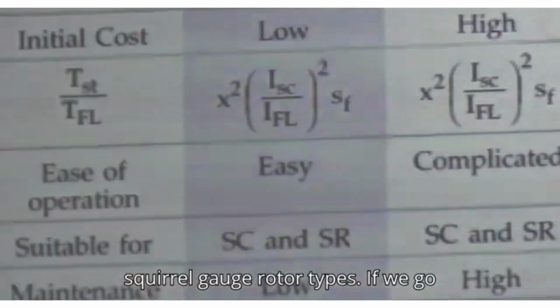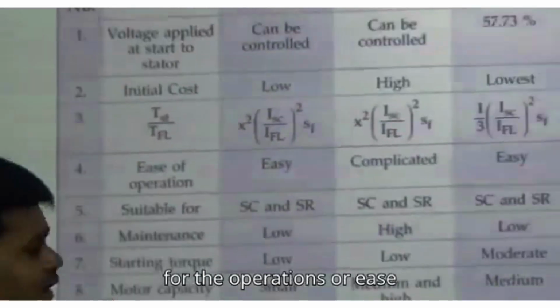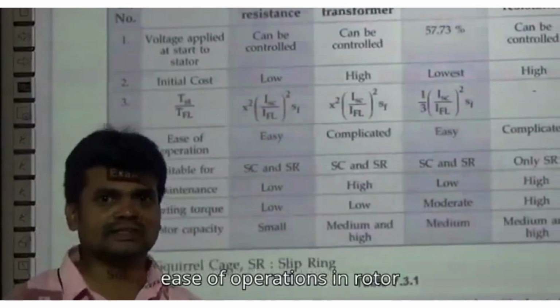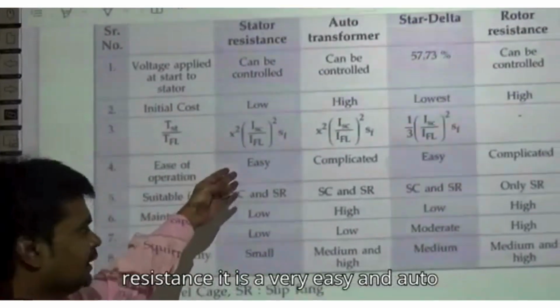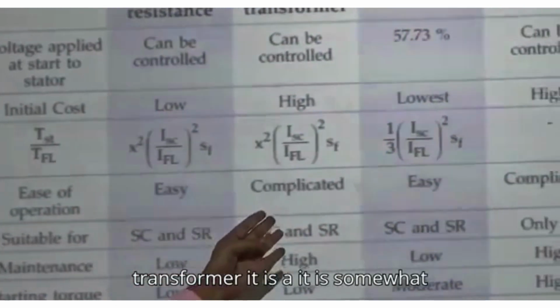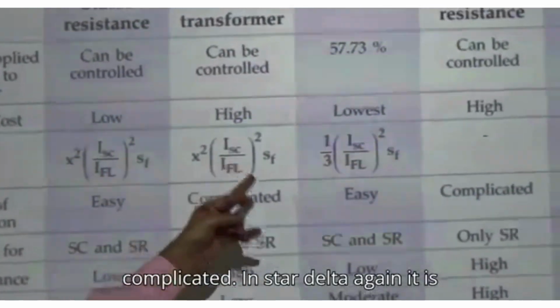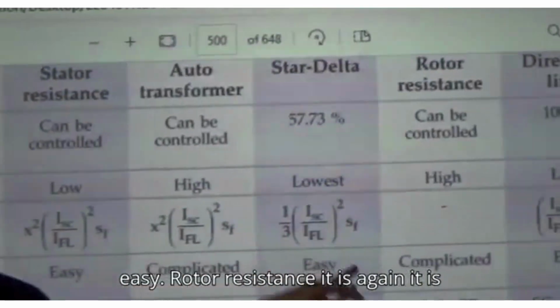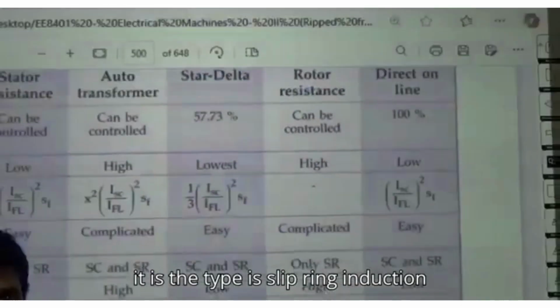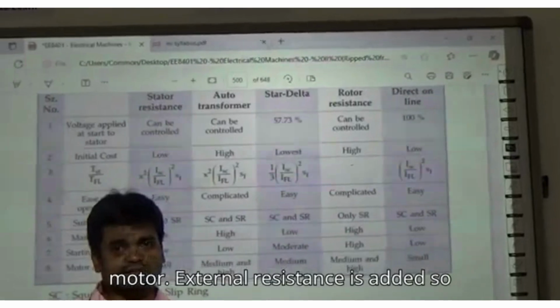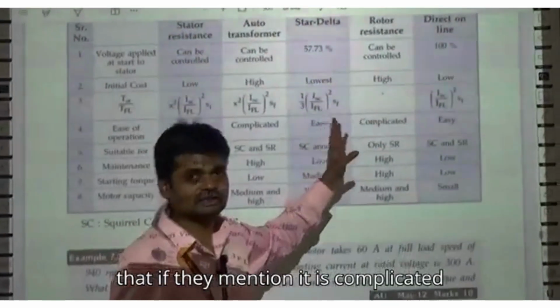The starting torque and full load torque comparison is mostly applicable to squirrel cage rotor types. If we go for the ease of operations, the stator resistance is very easy, and auto transformer is somewhat complicated. Star delta again is easy, and rotor resistance again is complicated because, as I mentioned here, the type is slip ring induction motor, external resistance is added, so they mention it is complicated.